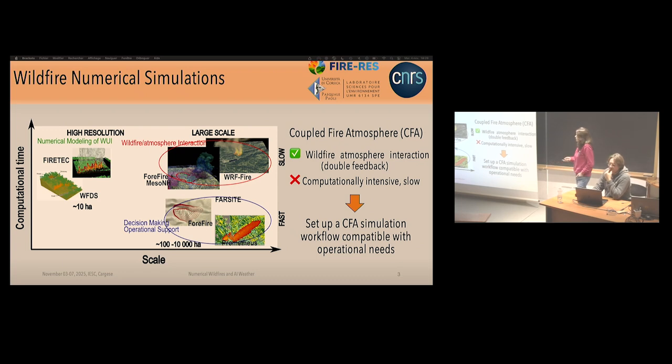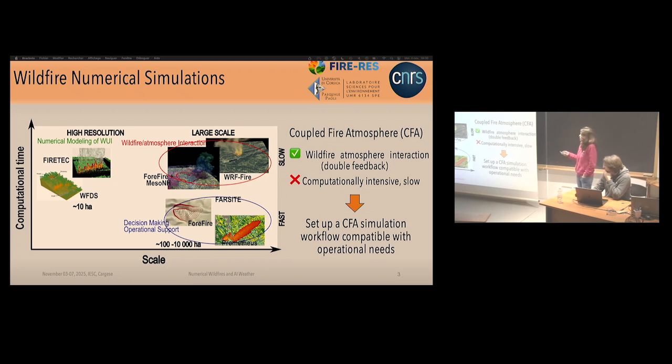What is used in this context operationally are wildfire spread propagation models which are very fast. They take just some seconds to run, and so they can provide forecast predictions of wildfire spread very quickly. For example, we have ForeFire at the University of Corsica, developed by Jean-Baptiste. That is also an event-based code, I'd like to point out. But there are also other very famous approaches of this type.